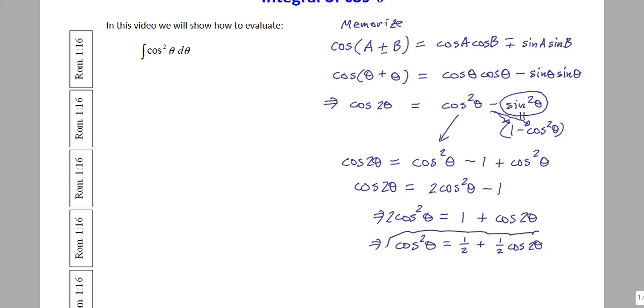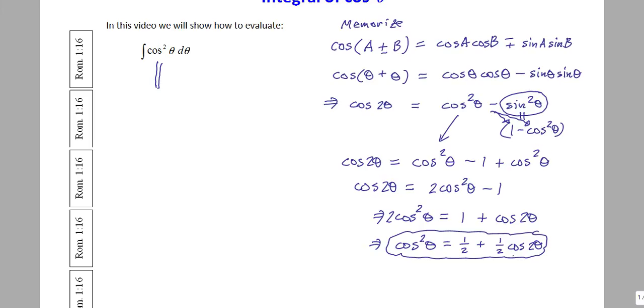And now I have a nifty little expression that allows me to sub in for the cos squared of our original integral. So rather than evaluating the integral of cos squared theta d theta like we're intending to do, I'm going to sub in the equivalent identity.